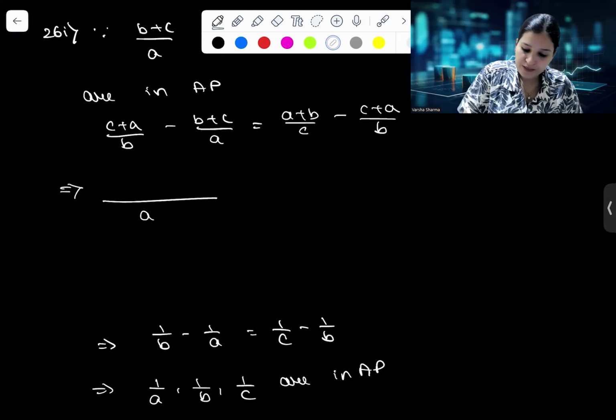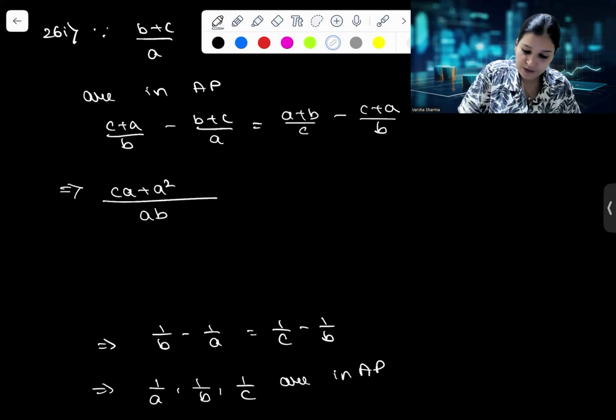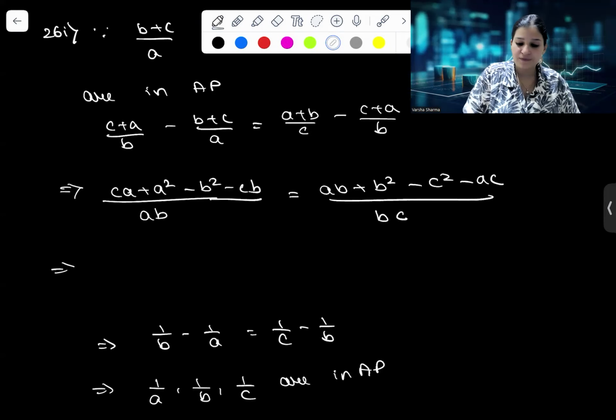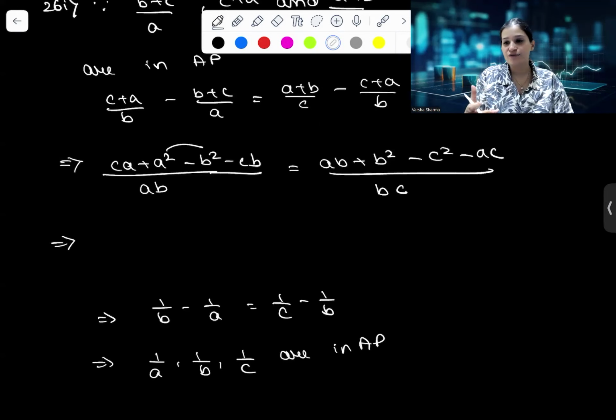Let's take LCM. (ca plus a square minus b square minus cb) by ... and (ab plus b square minus c square minus ac) by bc. So in these two, let's do a little factorization first.